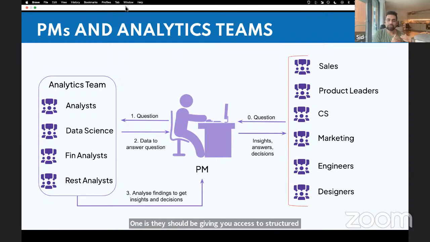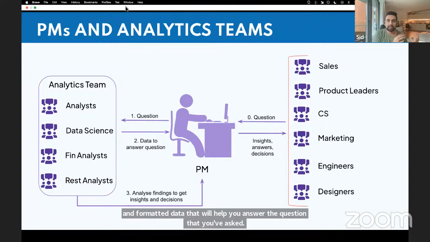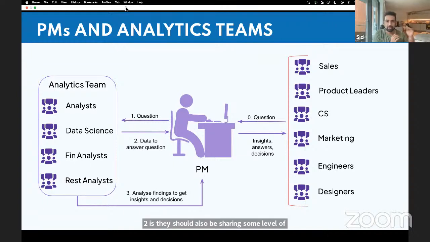Two is they should also be sharing some level of answer from their opinion. So in two they give you the data and you are free to make your analysis and interpretation. Three is where you're sitting together comparing notes and seeing if you're analyzing it correctly, or if you have missed something and the analyst has a better insight for you.